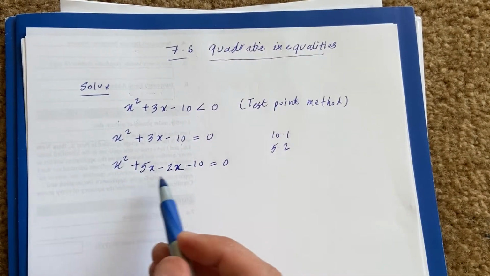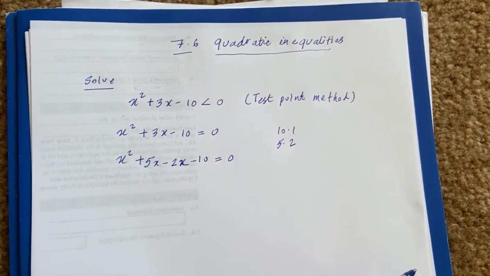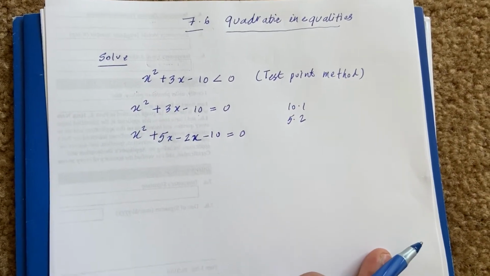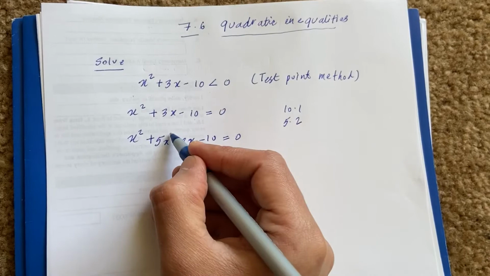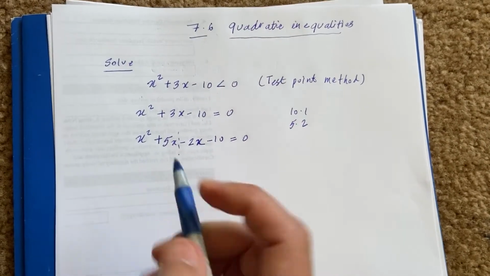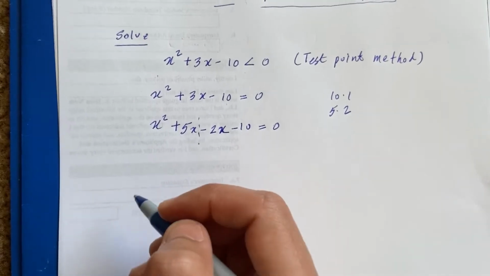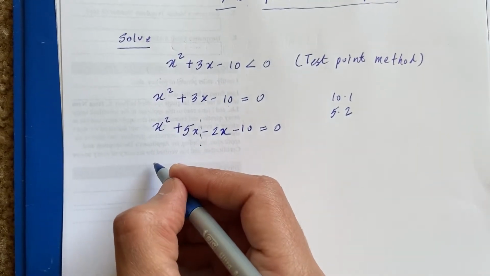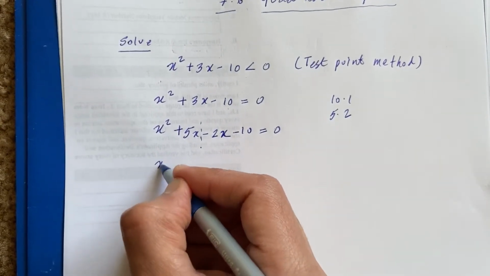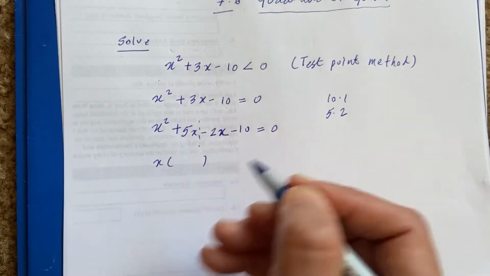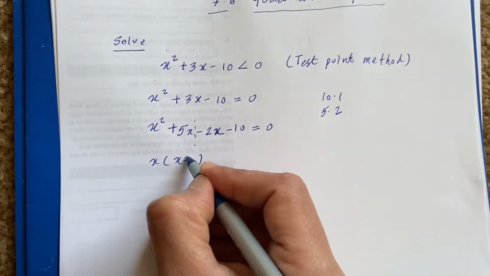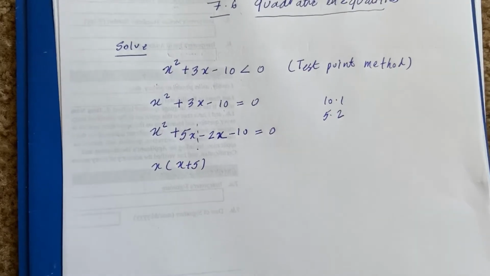So positive 5x and negative 2x is positive 3x, right? Now after this, we can split this into two parts. From these two, I can now factor out x, then we get x plus 5 inside the parenthesis.